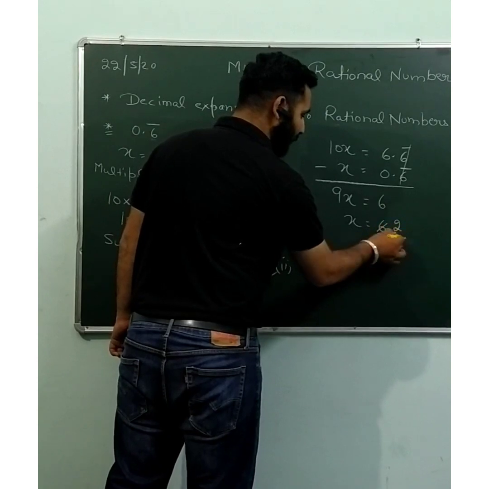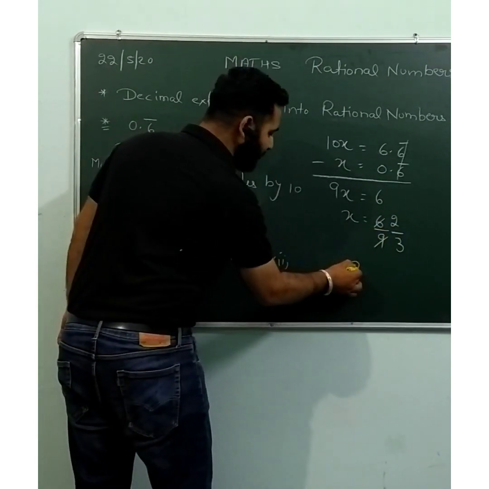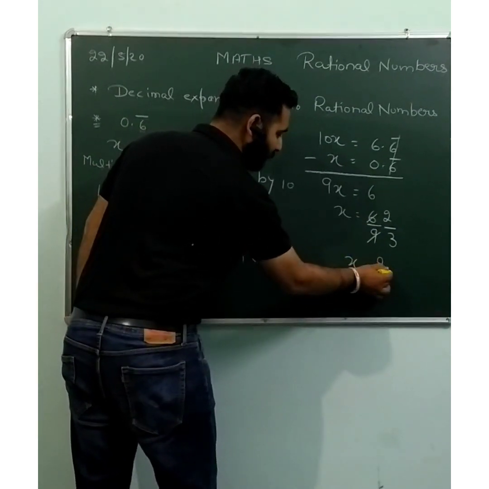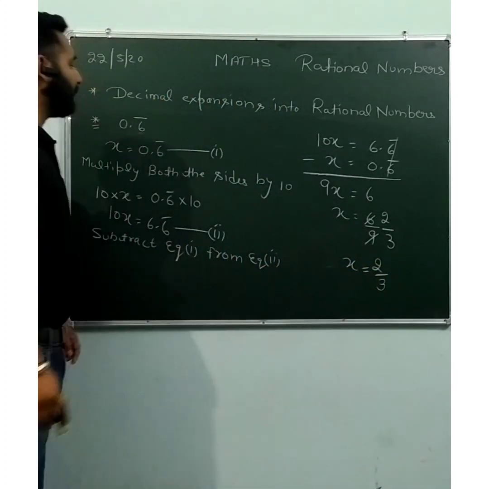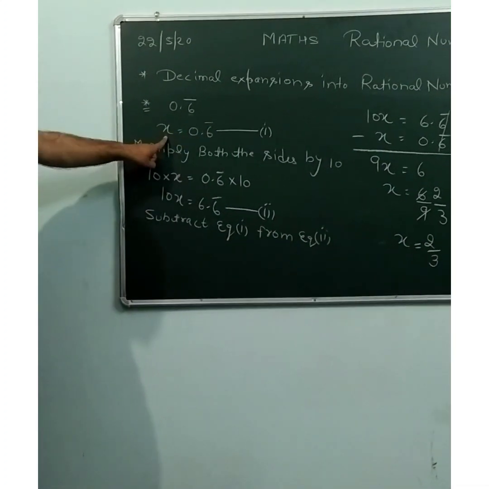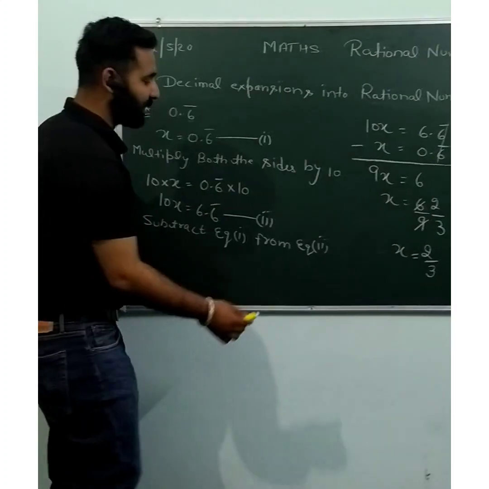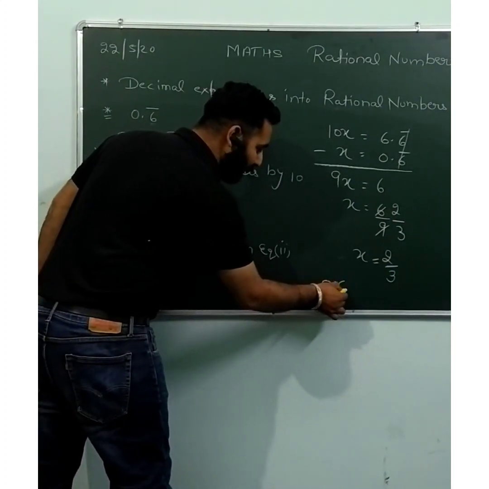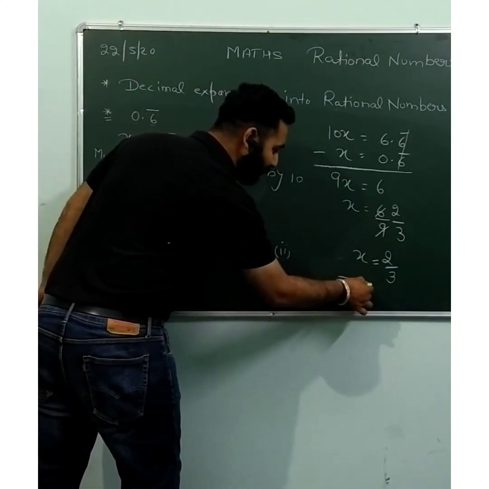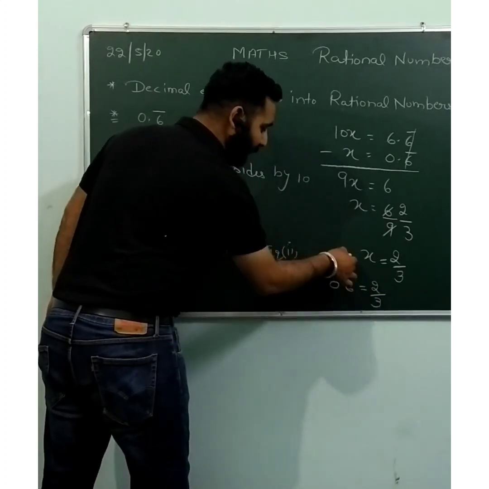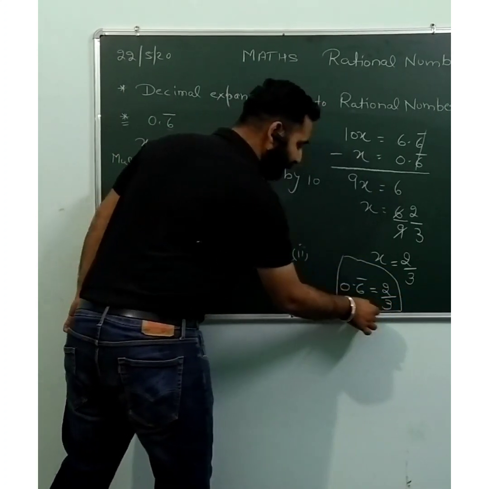Three 2s are 6 and three 3s are 9, so x equals 2 upon 3. In the start we assumed 0.6 bar equals x, so we can say 0.6 bar equals 2 upon 3. So this is your answer.